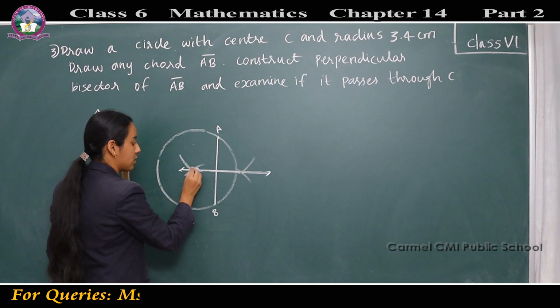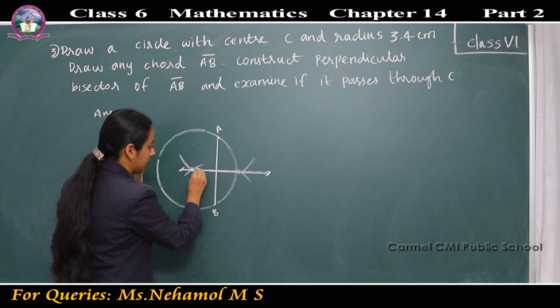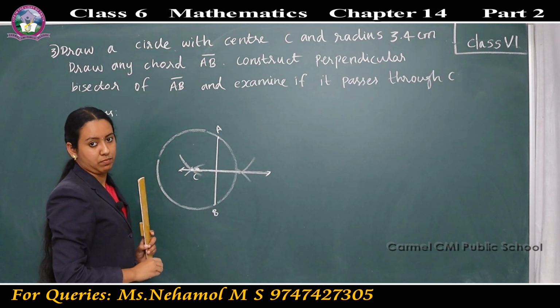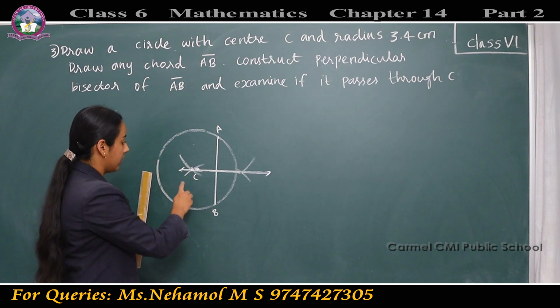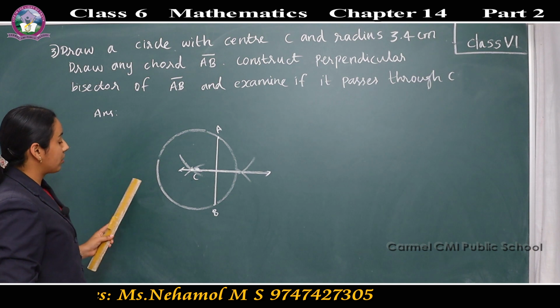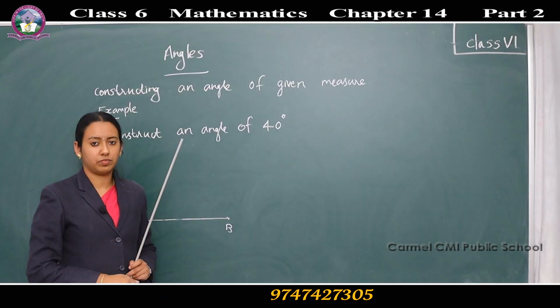And it passes through the center C, right? It passes through the center. This is the center. So what is the answer? This perpendicular bisector of AB passes through center C.